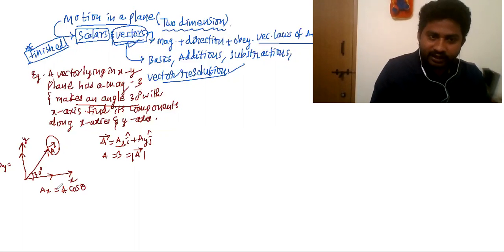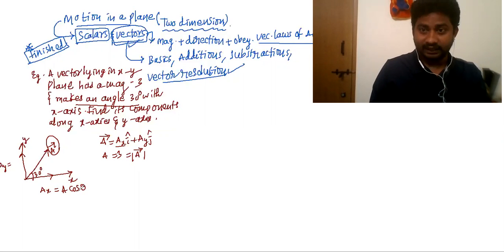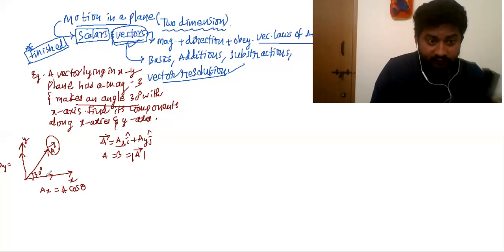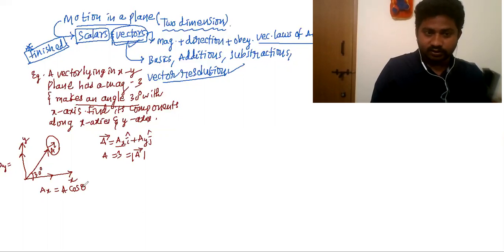The component which is adjacent to theta is called the cos theta component. Here 30 degrees is theta, and the component adjacent to it is Ax, A cos theta. And Ay is A sin theta, the component other than the adjacent side, the y-axis component.